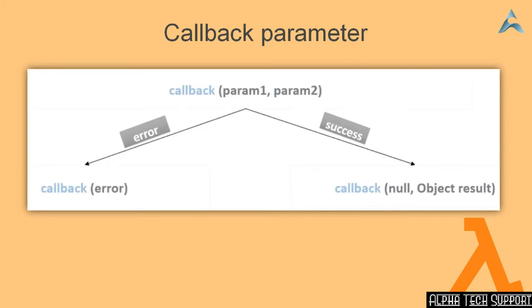If you want to pass a success value, then you must pass in a format where null is placed as the first parameter and object value, the success result, is placed as the second variable, second argument. This is a method to pass callback.